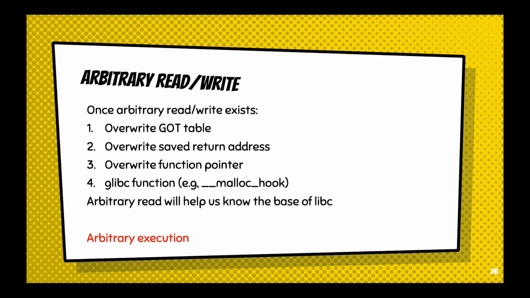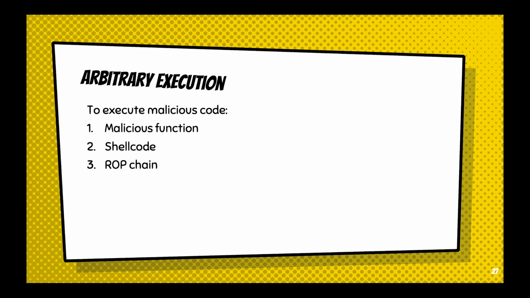But again, even for a ROP chain, we still need to know the base address because usually those ROP gadgets come from a library, and we need to know where the library is loaded so that we can locate those ROP gadgets correctly. Finally, starting from arbitrary execution, an attacker can execute malicious code, such as a malicious function, or shellcode, or a ROP chain.